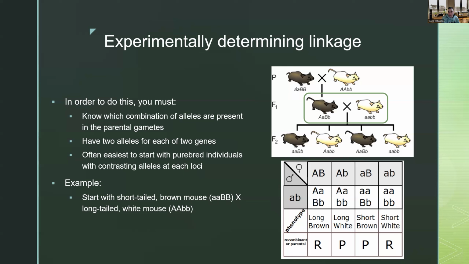This is on purpose that we have homozygous recessive, homozygous dominant, homozygous dominant, homozygous recessive. That is on purpose because that means when these two have offspring, we know what the genotype will be. It's going to be big A, little a, big B, little b. Okay, so we know that that's the only possible combination we can get in the F1s.